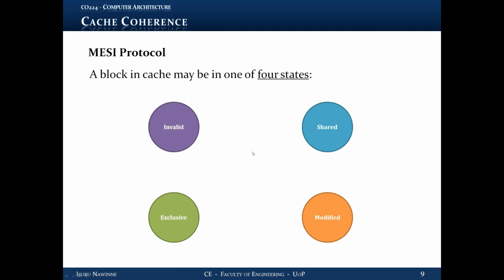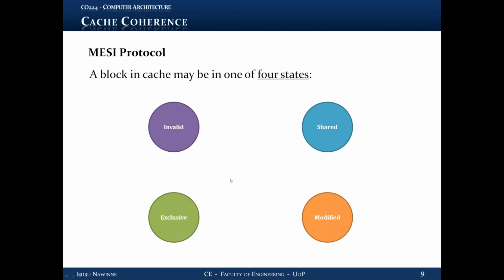Now we are talking about state as well. The state can be invalid, shared, exclusive, or modified. So you need 2 bits to represent that rather than the single valid bit. So: invalid, shared, exclusive, and modified.